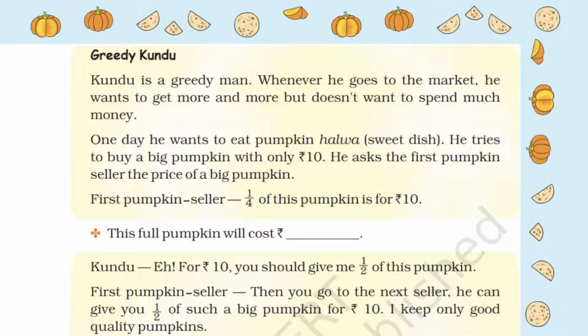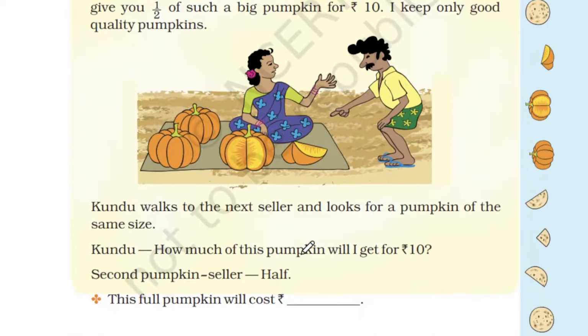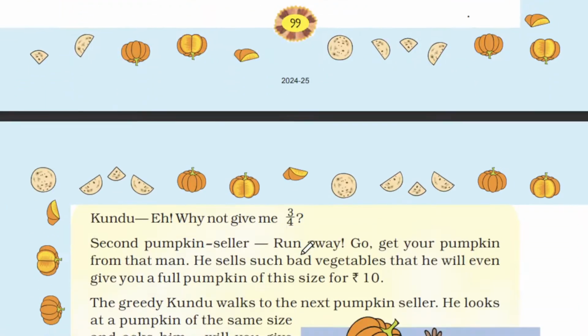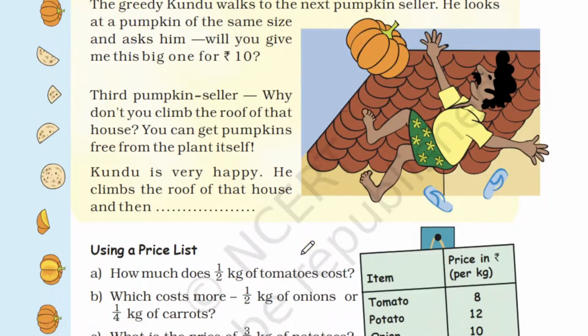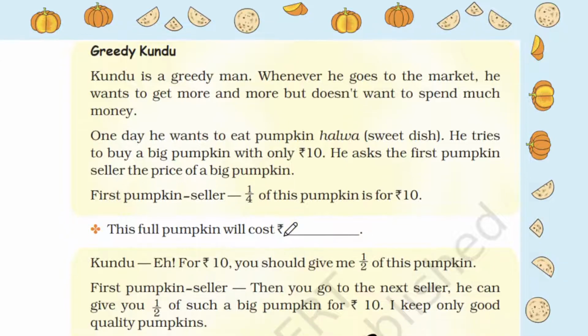How many pages are there? Let me see. Okay, next, greedy Kundu. There is a small story about greedy Kundu and we have some questions based on this story. Kundu is a greedy man. Whenever he goes to the market, he wants to get more and more but does not want to spend much money.